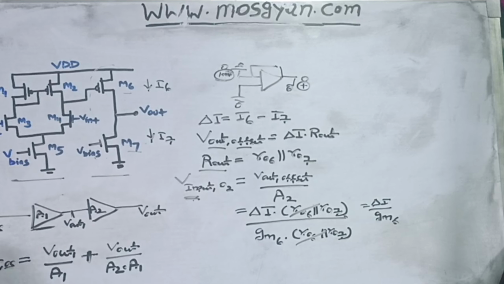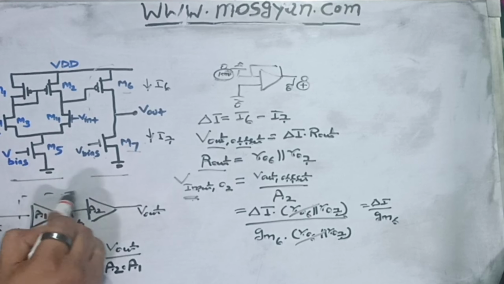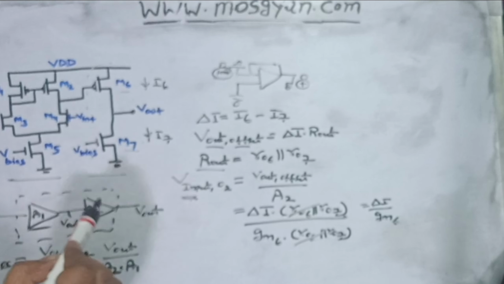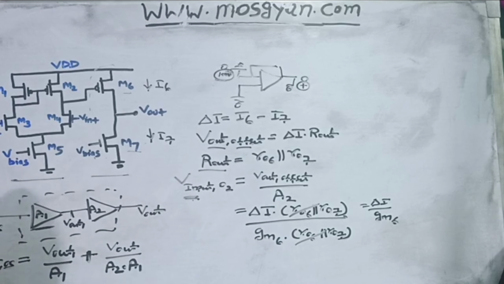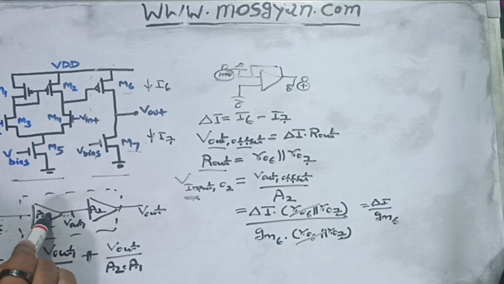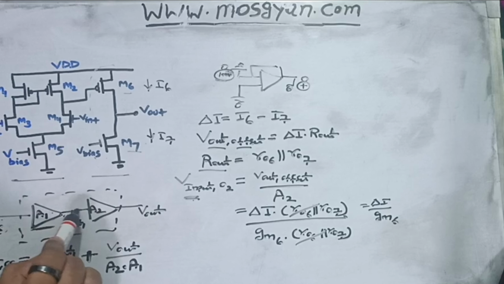Why? Because if you consider this as a whole system, in order to nullify the output, we will apply a certain input voltage. That input voltage will directly nullify the output of the first stage. In the same process, this input voltage will get multiplied by gain A1 also. So whatever input is being applied here is not only VOS, it is VOS into A1.